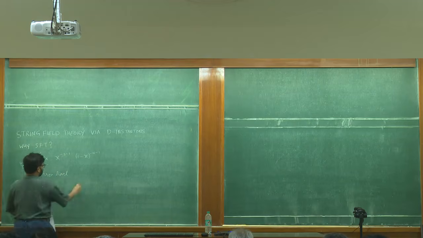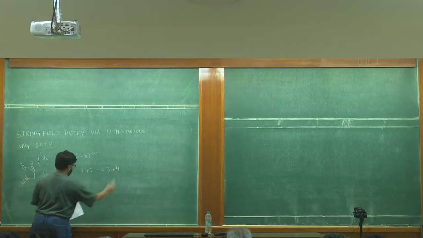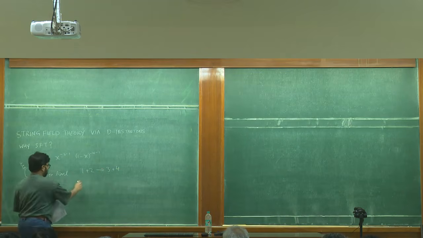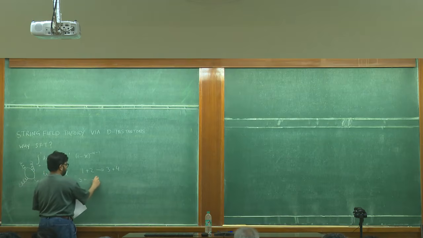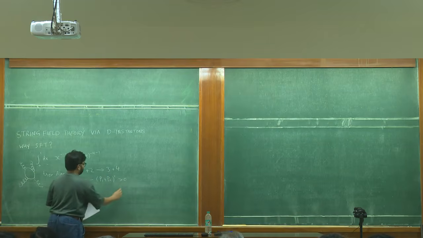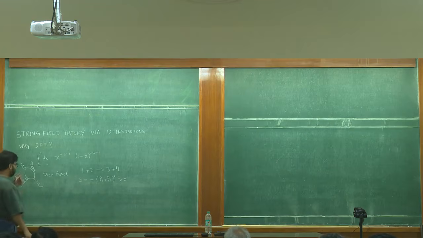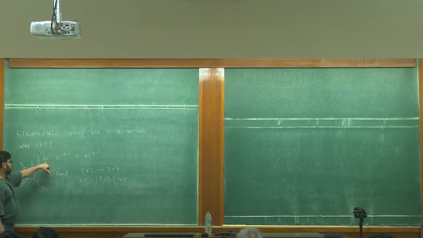Let's imagine that you have particle 1 plus particle 2 going to particle 3 plus particle 4. Then the Mandelstam s is negative (p1 plus p2) squared, and that's positive because they are incoming particles. So you already see a problem. The fact that s is positive means that this power of x has minus something bigger than 1, so it's minus 1.1, minus 1.2, which means this integral does not converge near x equal to 0.